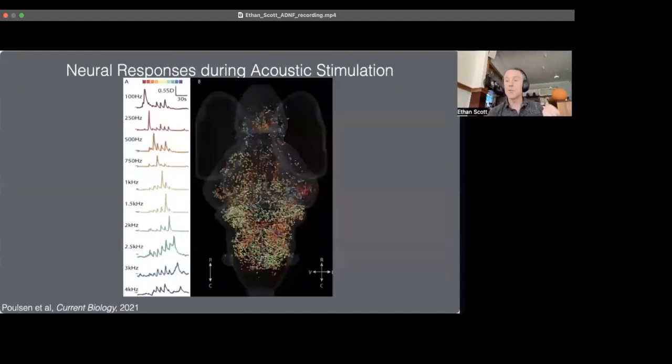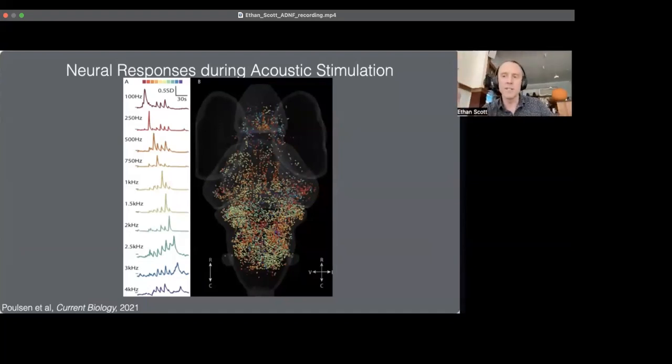To do that, she took those pure tone responsive cells, did a regression analysis, and assigned each cell to the frequency that it preferred. Then she could map that back onto the brain. What she found is that they were pretty well intermingled. So there's nothing like what you see in mammals, where you see tonotopy, where low frequencies are encoded here and high frequencies are encoded here, and there's a continuum among those in space versus frequency.